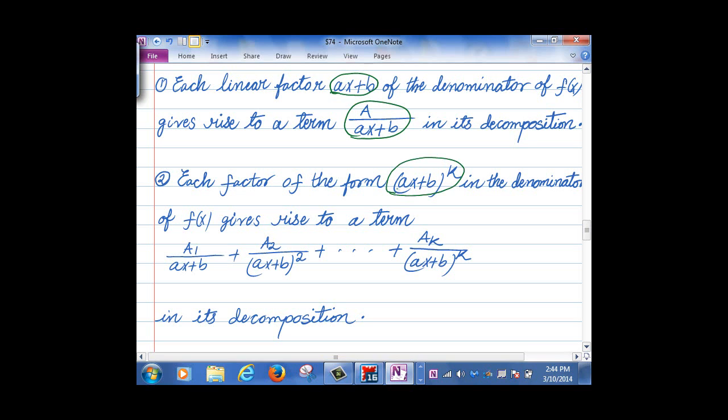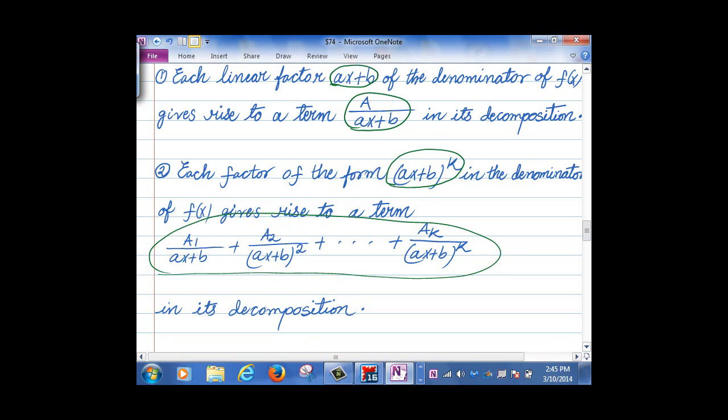Then I am going to get k terms in my decomposition: a constant over ax plus b, a constant over ax plus b squared, dot dot dot, up to a constant over ax plus b to the k. And again, I'm going to show you some examples of how that happens.